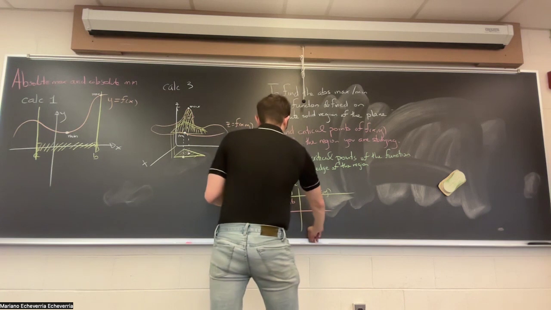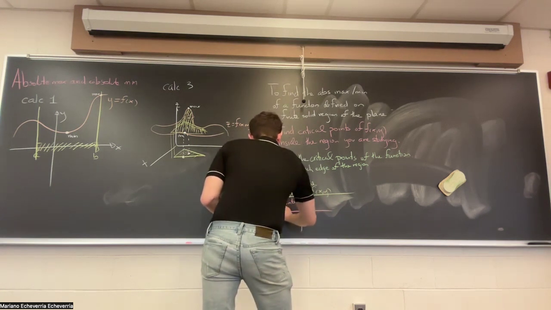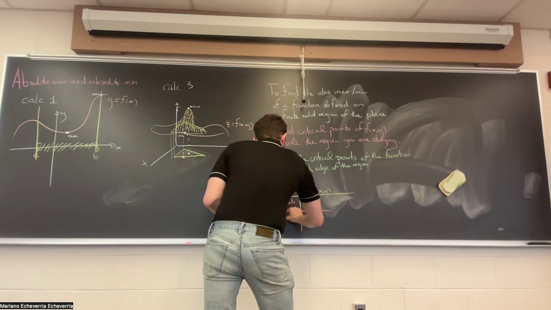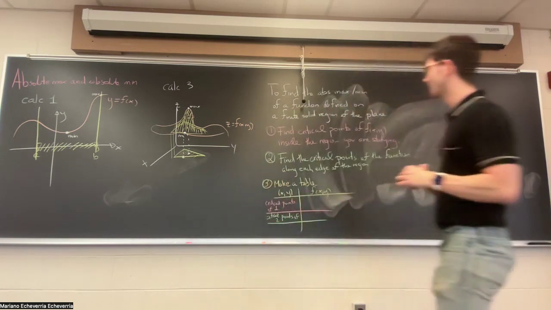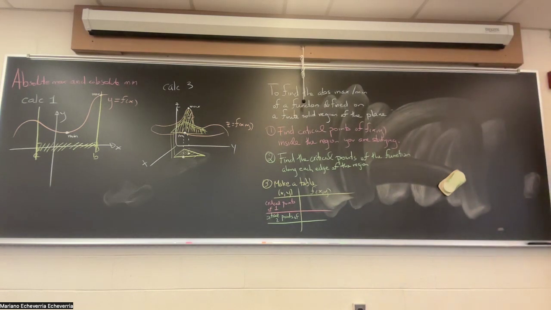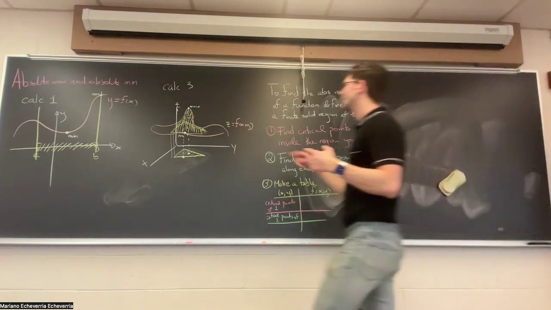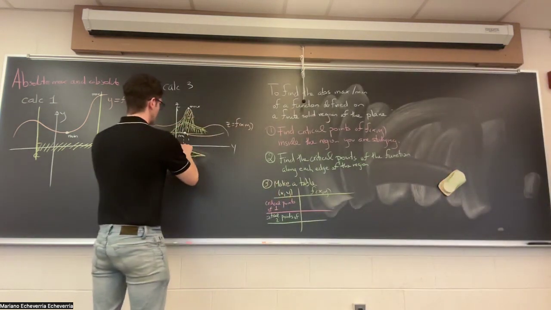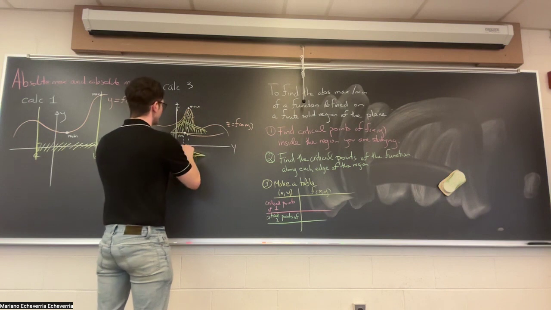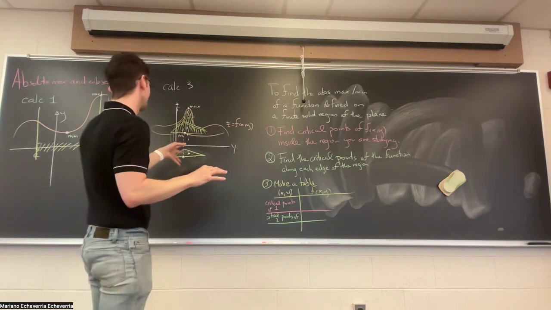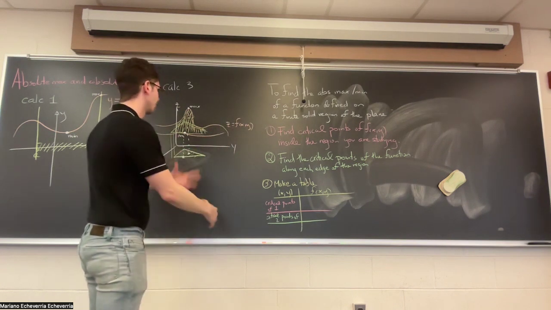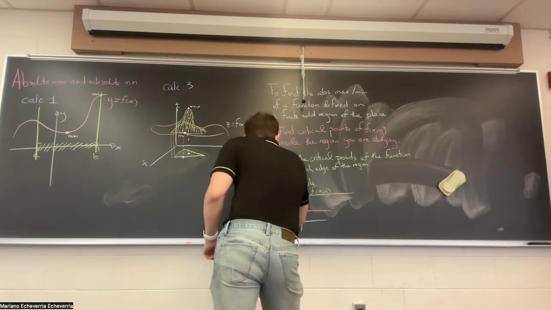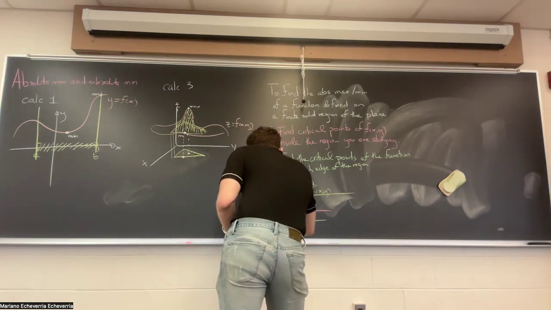Then you do the same for the critical points of part two, evaluating the function at each critical point of part two. And then you also have to add the corners, or the vertices of the triangle, in this case. That is the intersection points of the different edges. So let's say, the intersections of the edges.